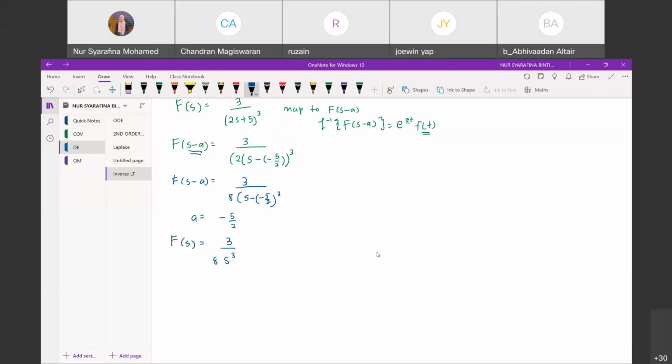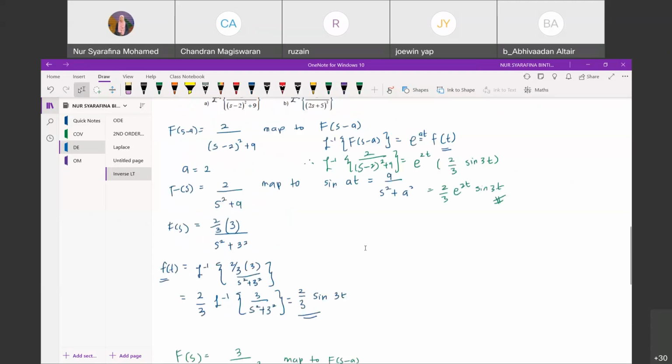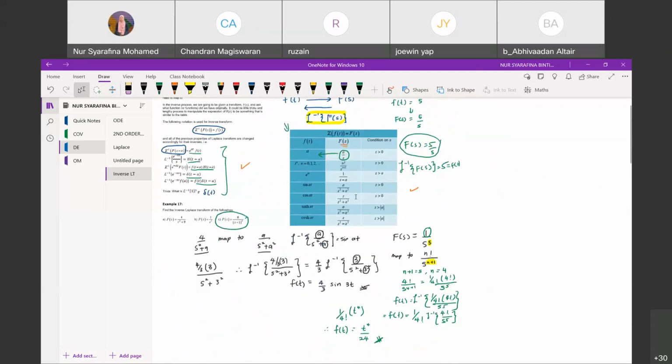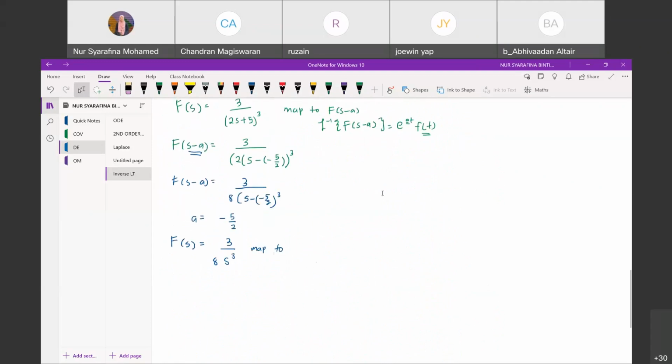Then from here you can find your f(t). Now in order to find f(t), you need to map to the suitable function from the table of transformation, which comes from n factorial over s to the power of n plus 1, because we have 8 s cubed. So we can just put 3 over 8 outside here.